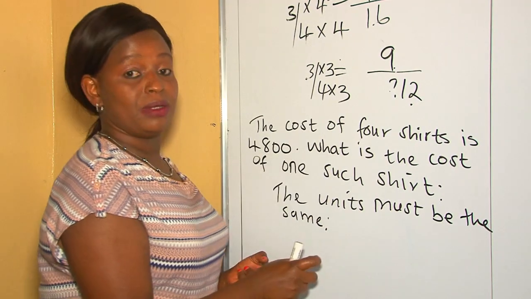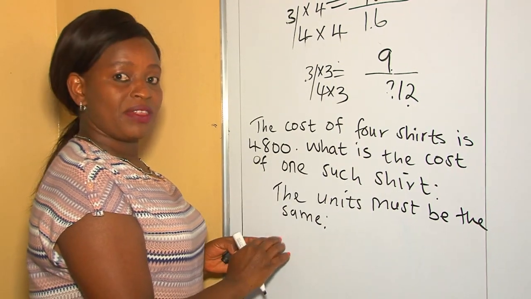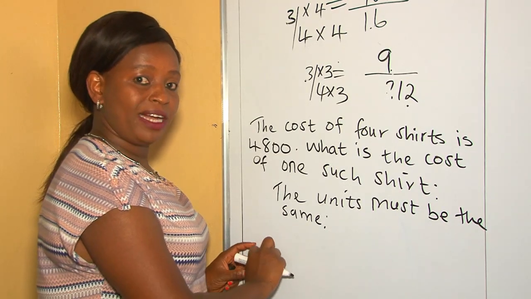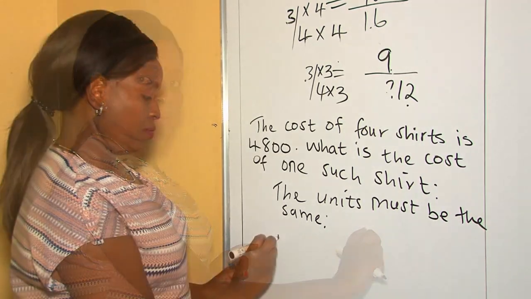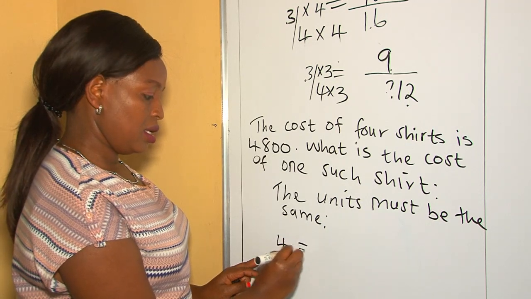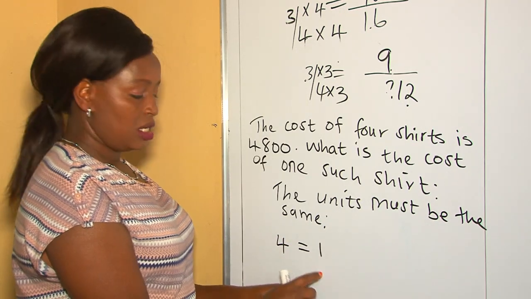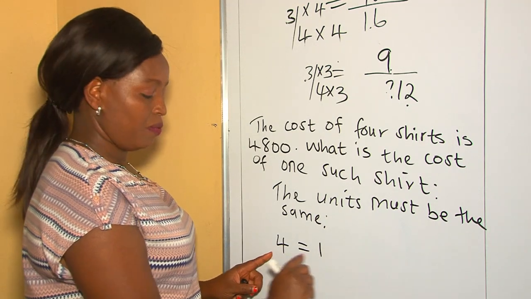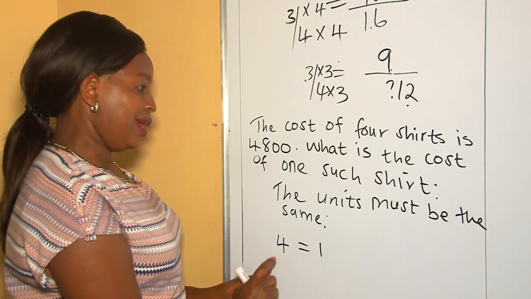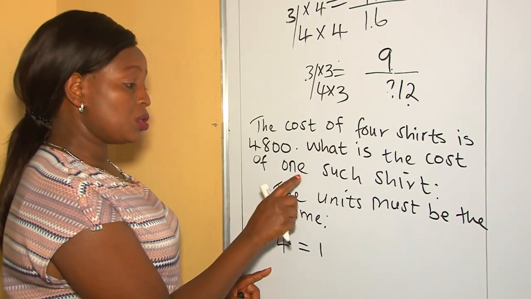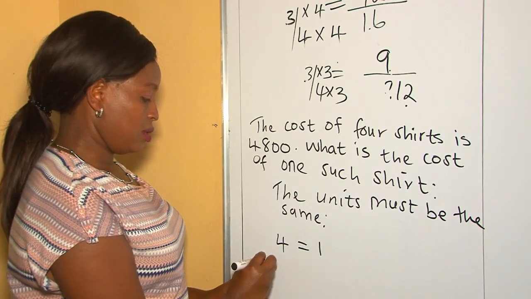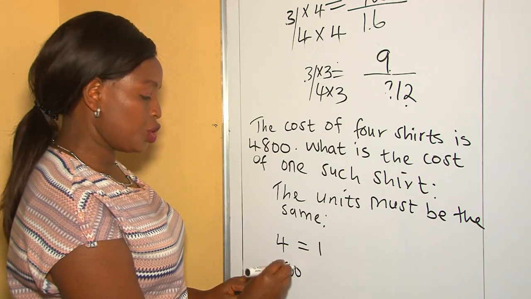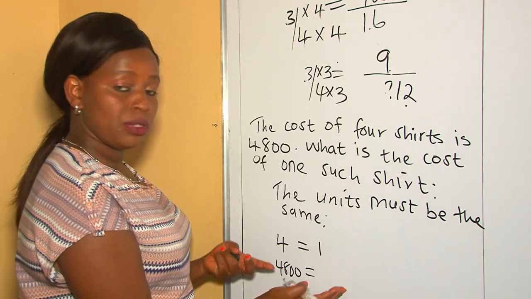When I'm recording down, the units that are the same must take the same row. 4 shirts and 1 shirt, so shirts and shirts must be in the same row. And then the cost, that is 4,800, should also be in the same column.